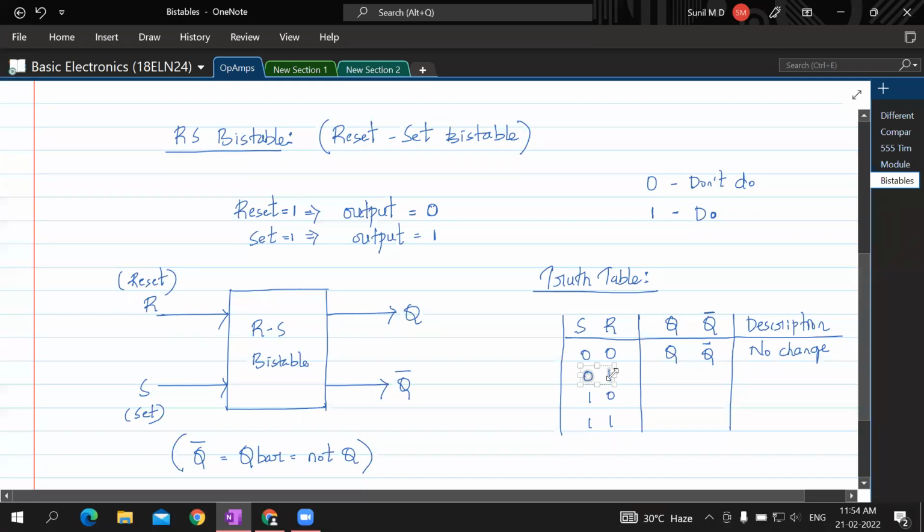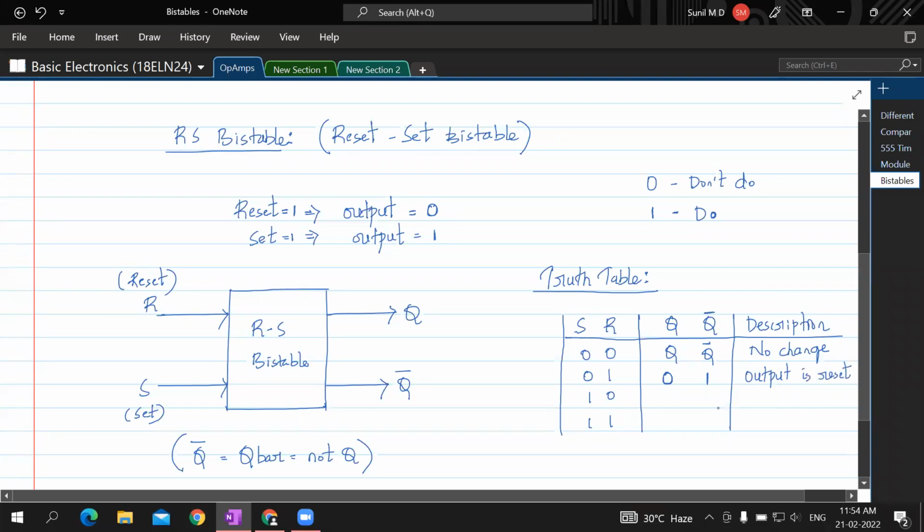Don't set, do reset. So if you are resetting, what should happen to the output? If you are resetting, the output should become 0. So if Q is 0, Q bar has to be 1. So that means the output is reset.